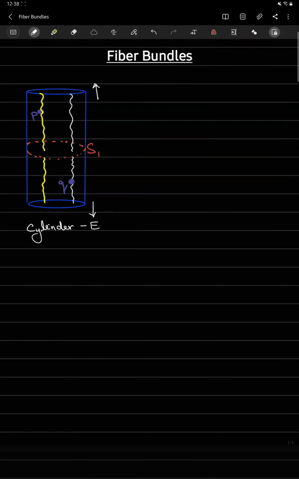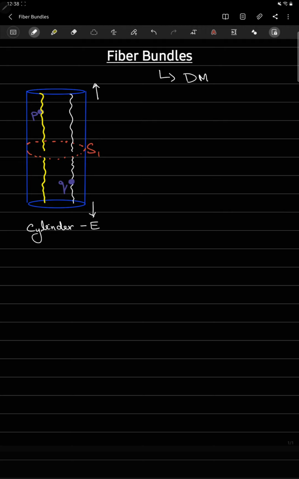In this lecture, let's talk about a concept that is known as fiber bundles. Now, fiber bundles are actually a concept that bridges elementary general relativity and intermediate general relativity. To have a fiber bundle, you can create those out of differentiable manifolds.